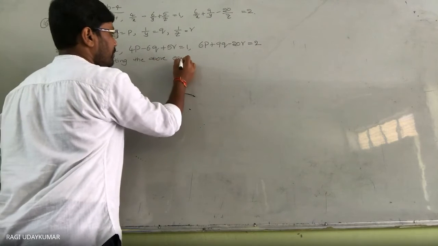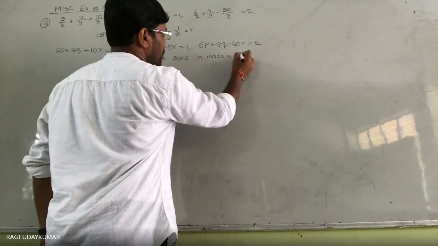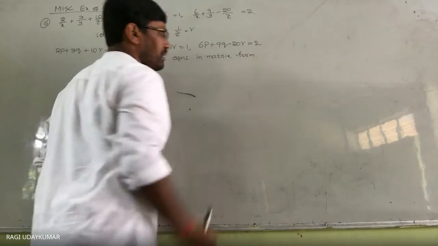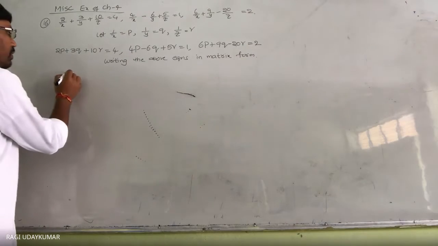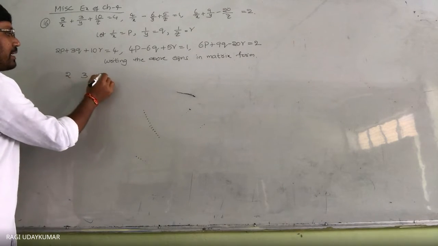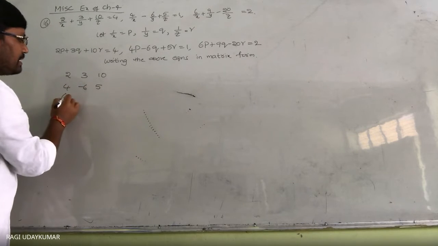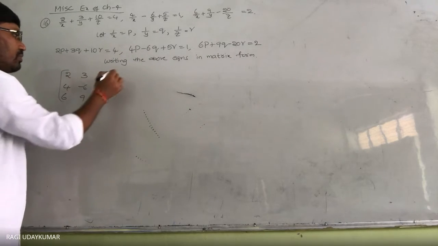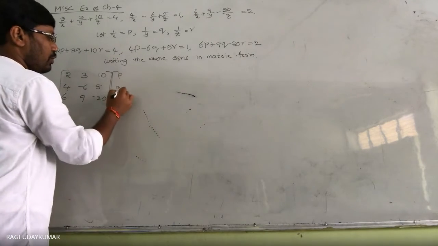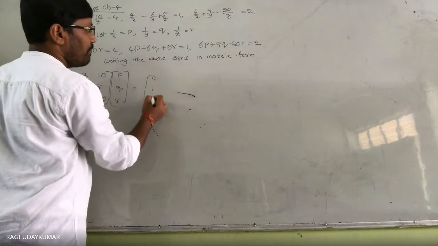In matrix form, what do you get here? If you write these equations in the matrix form, 2, 3, 10; 4, minus 6, 5; 6, 9, minus 20, into p, q, r is equal to 4, 1, 2.